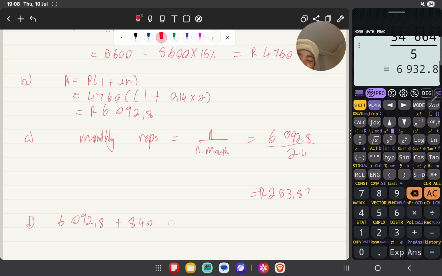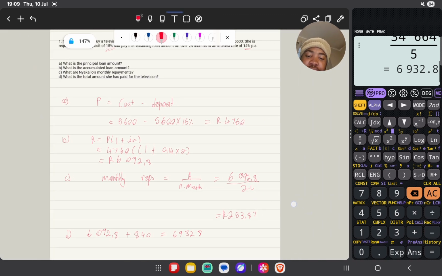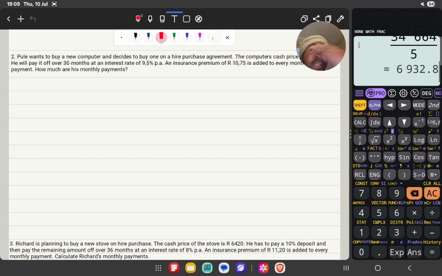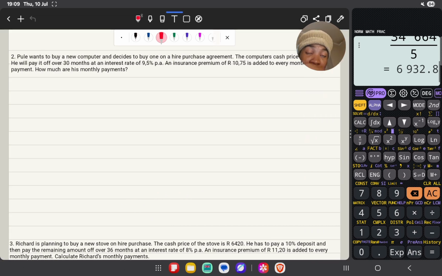Oof, it's a lot of money. 6,932, which is a lot of money compared to the 5,600 that she could have paid, if she had the money. So now you know the structure of how this thing works. So let's do these problems now.